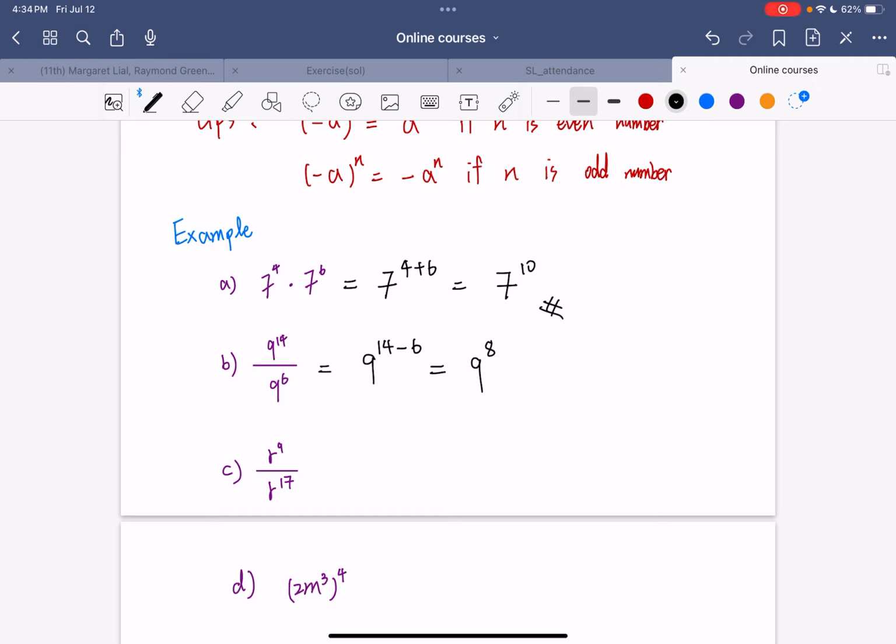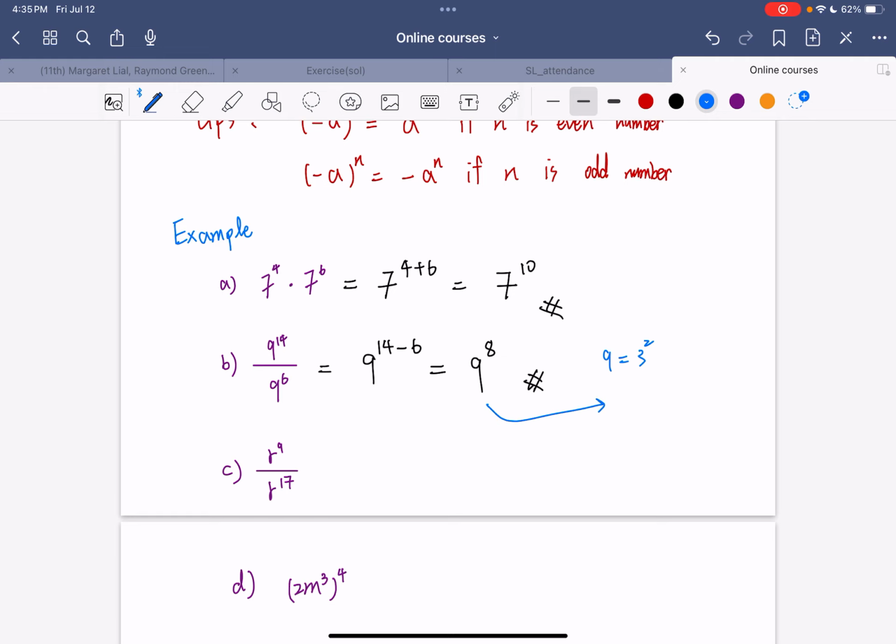So you can write your answer this way. But if you want to represent it with the least base, because we know 9 is 3 squared, you can write 3 squared to the power of 8.